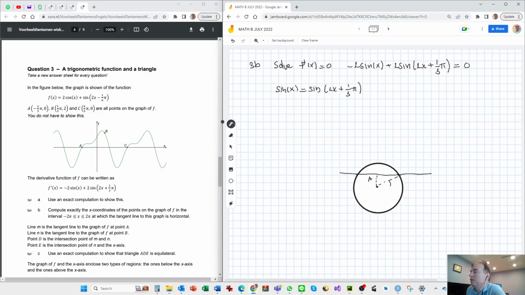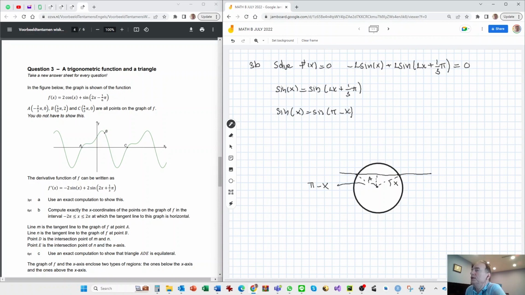Then if this happens for x, it actually also happens for, well, what's this? Pi minus x. And this is one other symmetry relation you need to be aware of, that the sine of x is equal to the sine of pi minus x.